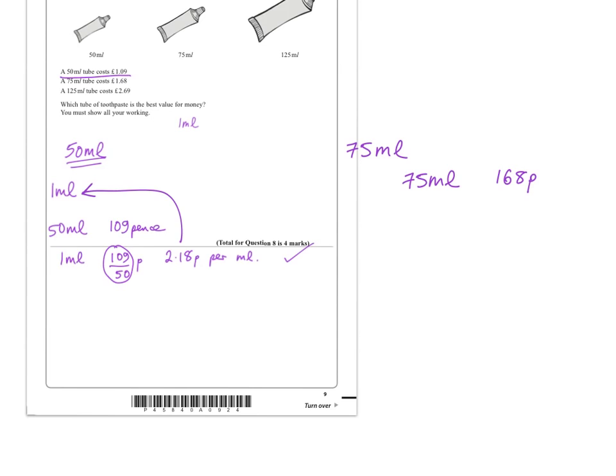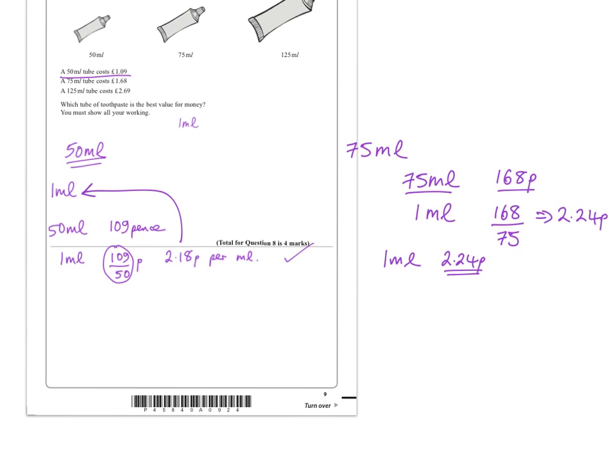And then if we want what 1 millilitre is, then we can divide both sides of this proportion by 75, and we'd have 168 divided by 75, i.e. 75 times smaller. And again, we can reach for our calculator. 168 divided by 75, and that would give us 2.24p per mil.